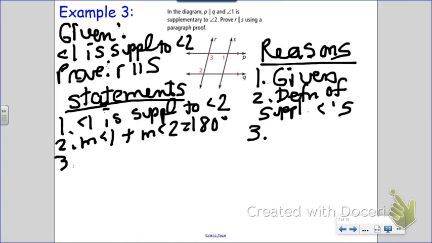Since we're given in the picture that P is parallel to line Q, we know that angle 2 is congruent to angle 3, because those are alternate interior angles.